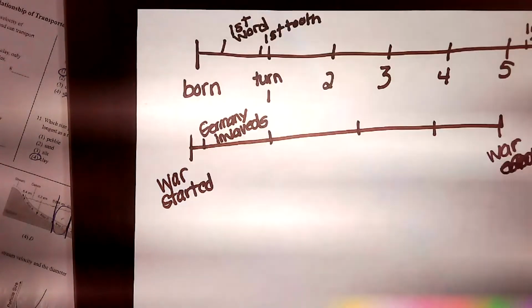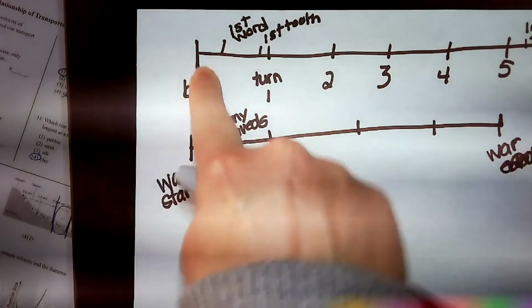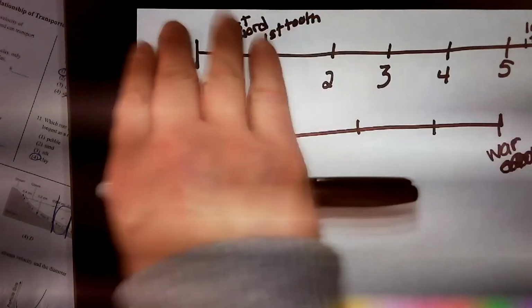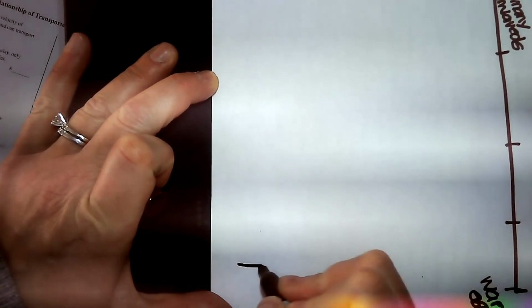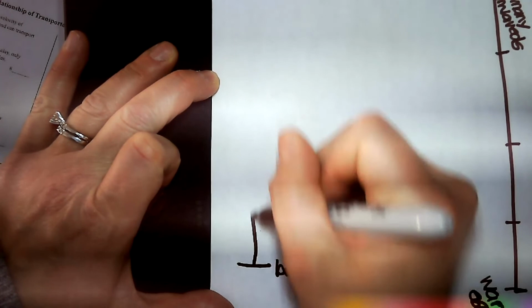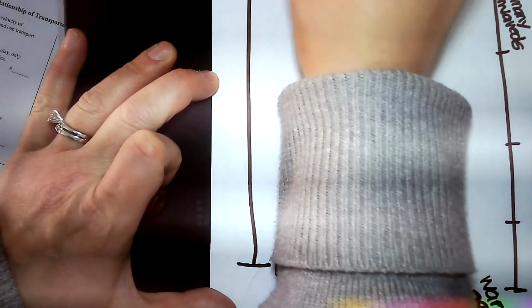So this timeline, instead of going born and then increasing until you get to today when you guys are 15 or 16 going across, does it differently. It has at the bottom, you're born, and at the top, today.